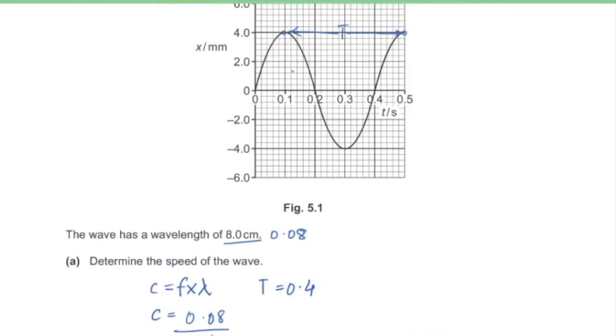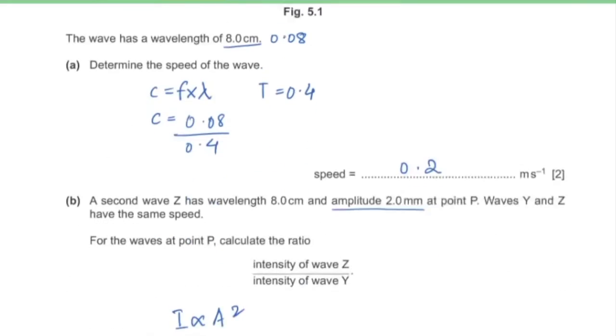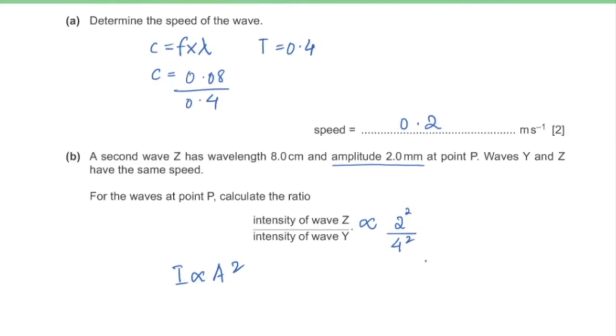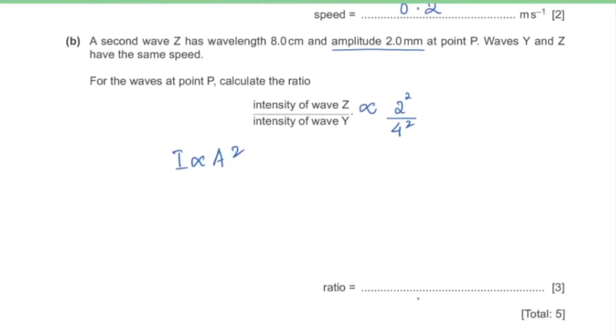That is from the rest position to the maximum point, to the crest. So the intensity of Z is directly proportional to its amplitude squared, which is 2 squared, and intensity of Y is directly proportional to its own amplitude squared, which is 4 squared. And hence the ratio of these two intensities is 0.25.